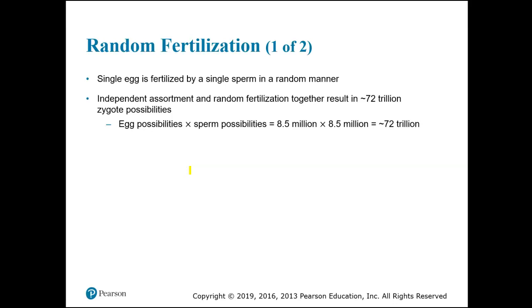Is it random which sperm fertilizes which egg? And so we take that 8.5 million, that's the variety that we can get from independent assortment, 8.5 million different possibilities of genetic variety for egg, 8.5 million for the sperm, and you multiply that together, and that gives you about 72 trillion different possibilities in the zygote once the sperm fertilizes the egg.